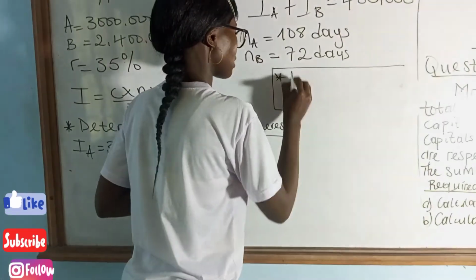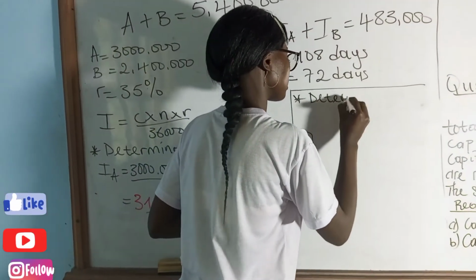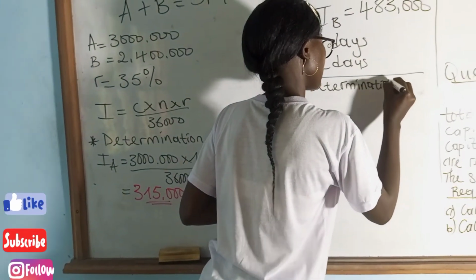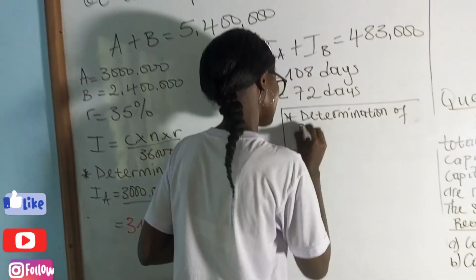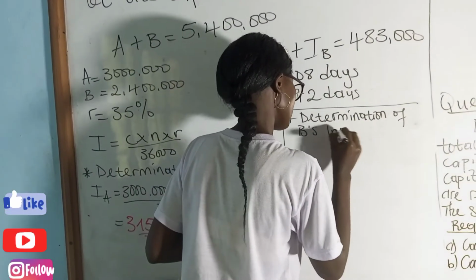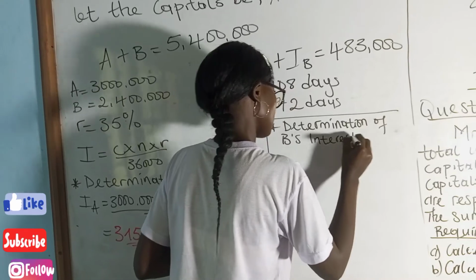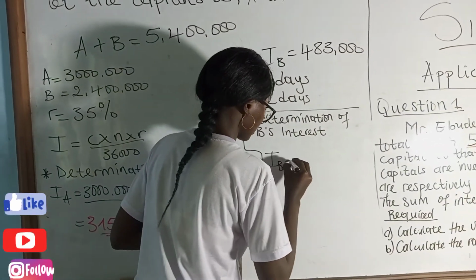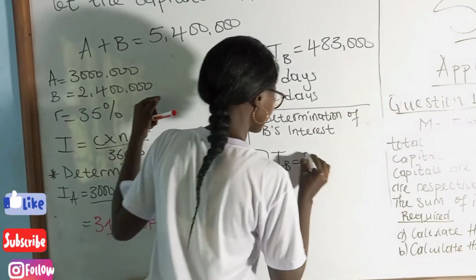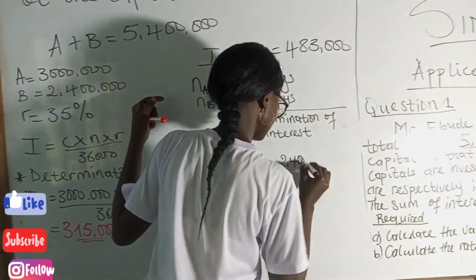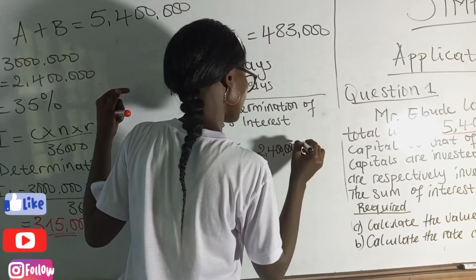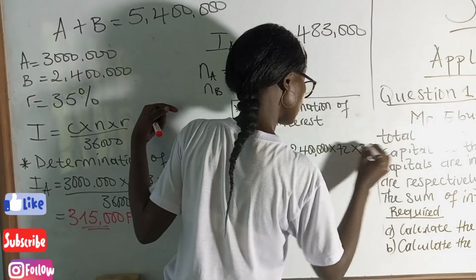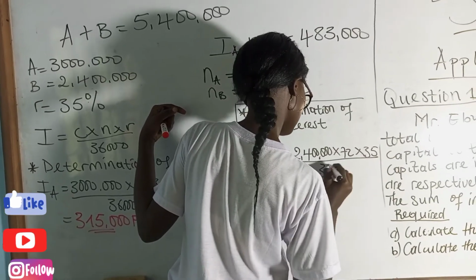Determination of B's interest. The interest of B is equal to capital 2,400,000 times 72 days times 35, divided by 36,000.